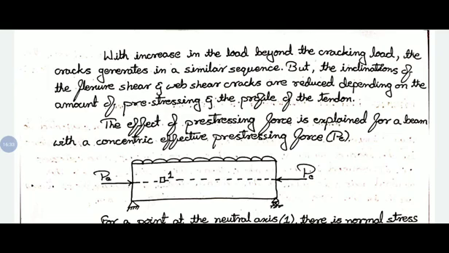How much the cracks developed in the section will propagate or penetrate through the section depends on the amount of pre-stressing force we are applying and the tendon profile we have provided, whether it is parabolic, triangular, trapezoidal or a straight tendon. Based on these profiles, the shear cracks developed will propagate in the section.